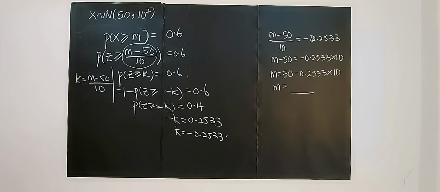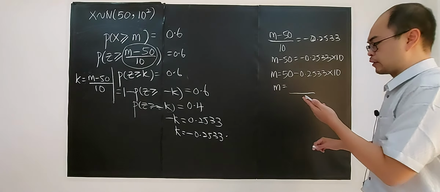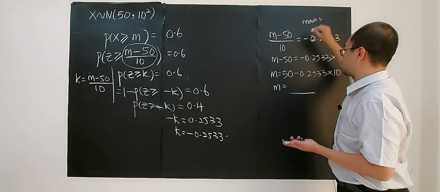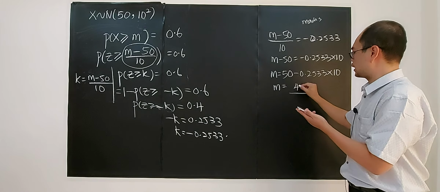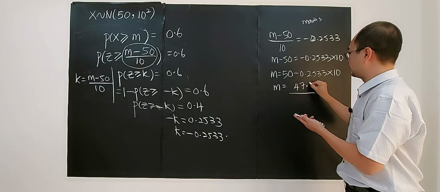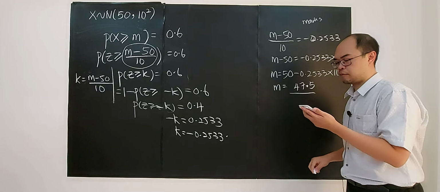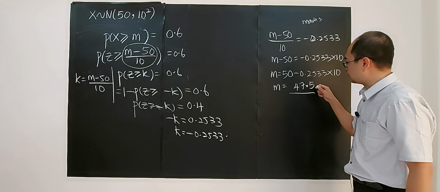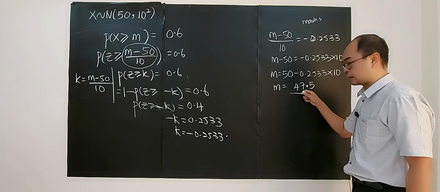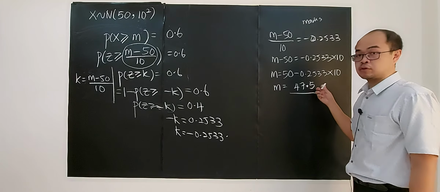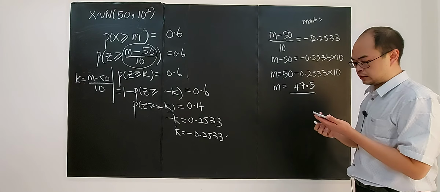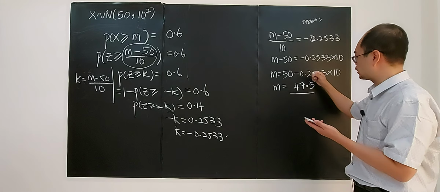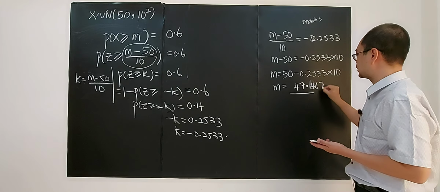So the passing mark, because this is marks, right? Marks is a continuous random variable, so you can take the decimal value, so it's actually 47.5, alright? If we round off to the nearest integer, from the calculator it is 47.467, right?